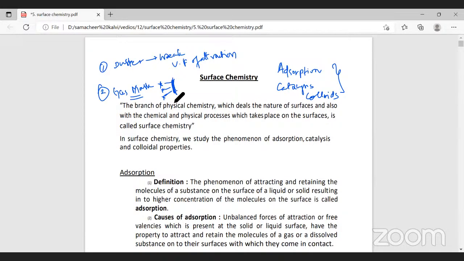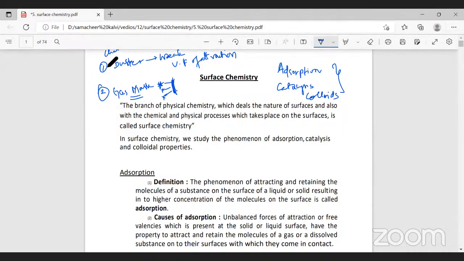So these are the two types of processes we'll be learning here. One is a chemical process. The process between the gas mask and the poisonous gas is a chemical process because there is a strong bond formed between the gas mask and poisonous gases like sulfur dioxide, hydrogen sulfide, carbon monoxide. All these are poisonous gases. Now, coming to physical adsorption, I told you about the chalk particles.